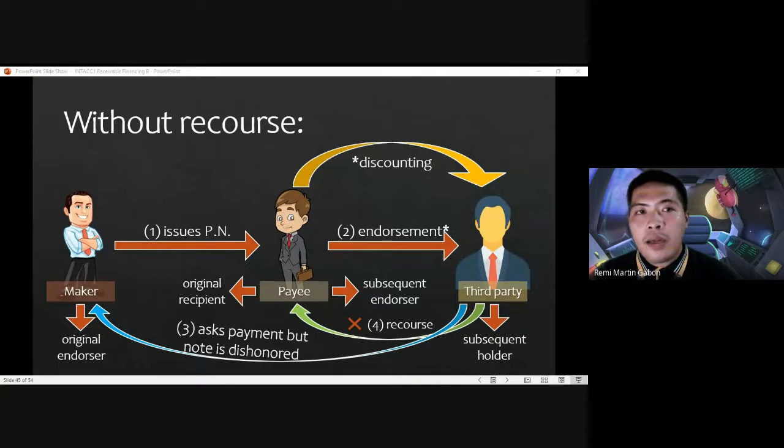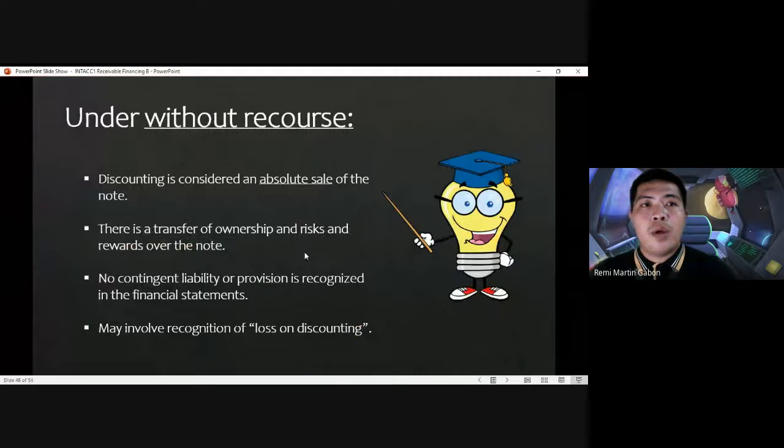Pero kung i-compare earlier with recourse, si third party pwedeng balikan si payee pwedeng balikan si maker. Pero dito si maker na-relieve ng obligation kasi the dishonor niya. Hindi siya magbabayad, pero hindi rin si third party mababayaran kasi nga without recourse pagpunta kay payee. So without recourse agreement na discounting is considered an absolute sale.